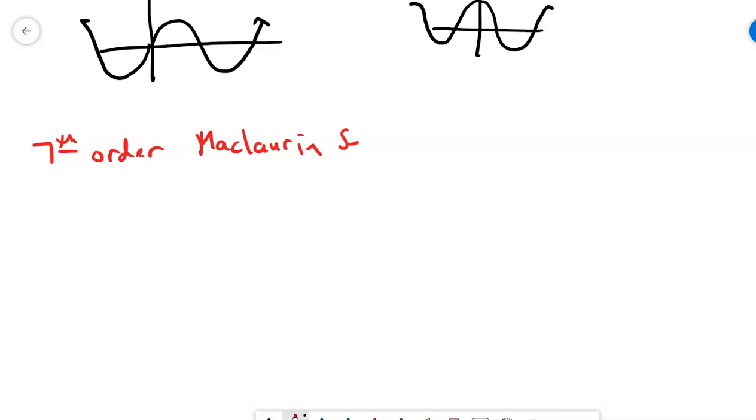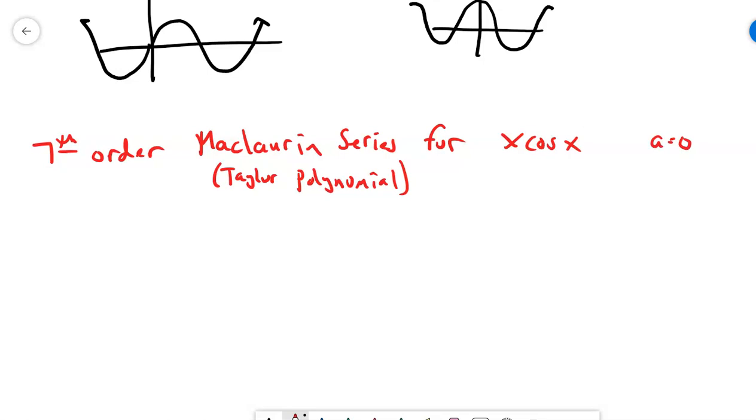And I guess I really could say the Taylor polynomial, because I'm not really writing out the whole series. I'm really writing out just the Taylor polynomial. But the Maclaurin part was my little reminder that I'm really centering this at 0.